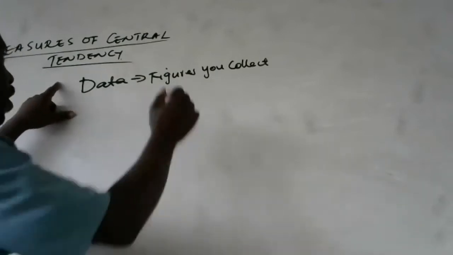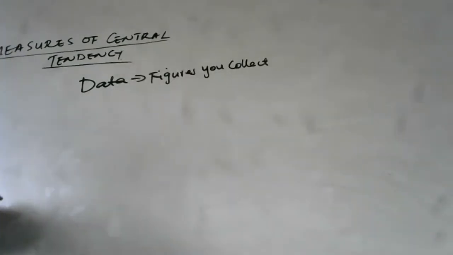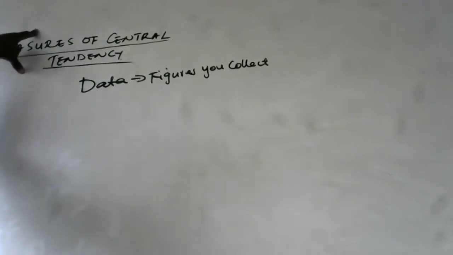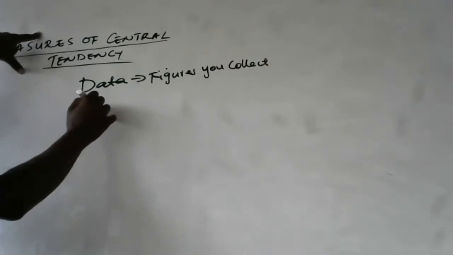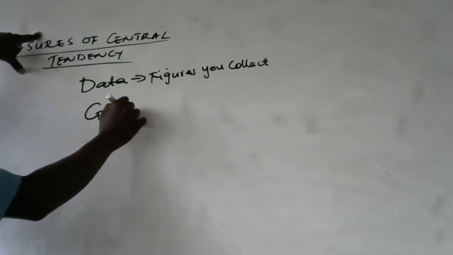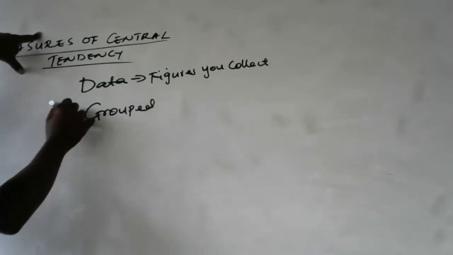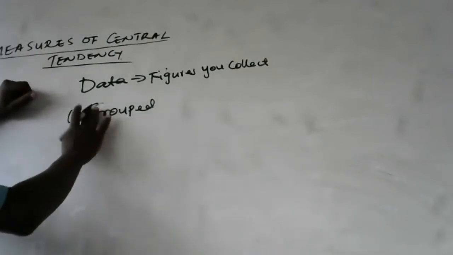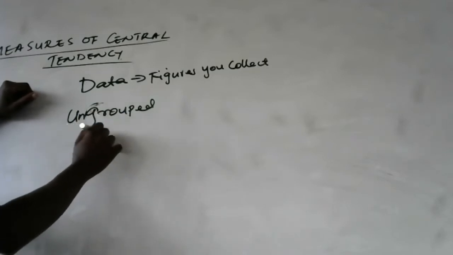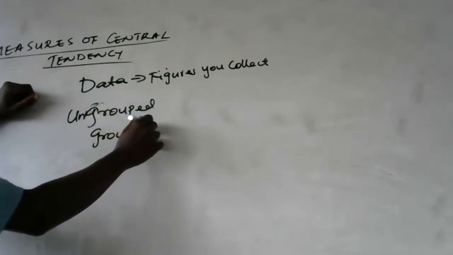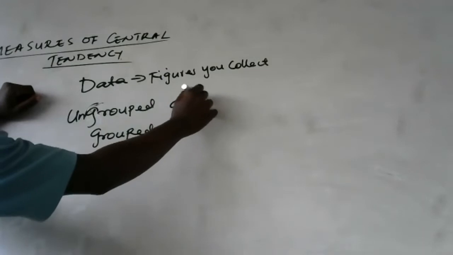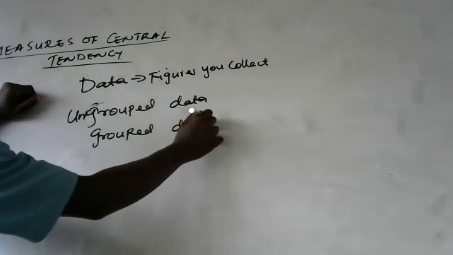This data is normally of two types as far as calculating the measures of central tendency is concerned. This data can be either ungrouped or grouped. We can have the ungrouped data and the grouped data.